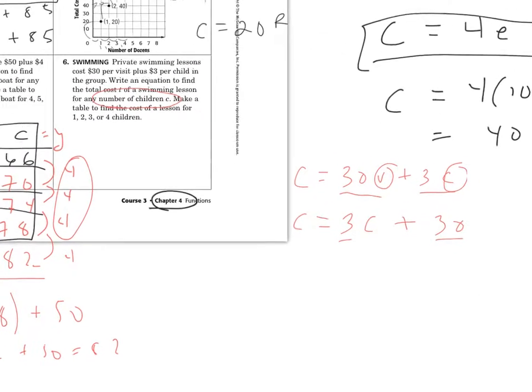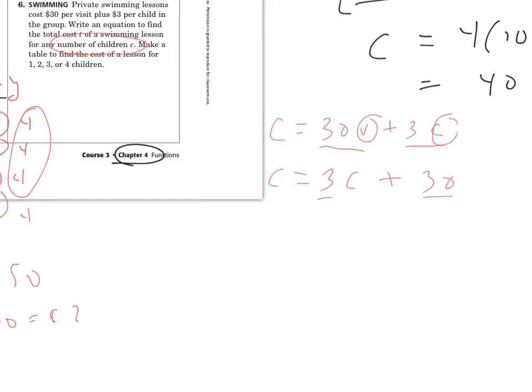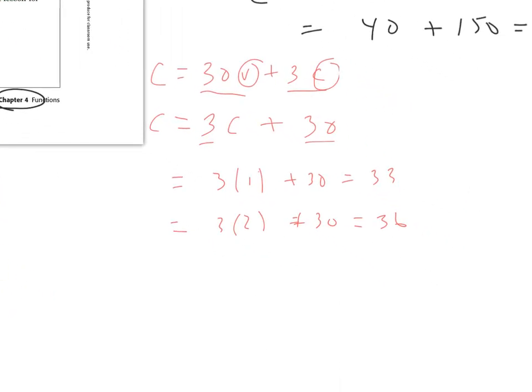Then it says how much does it cost for 1, 2, 3, or 4 children? Well, for one child, it's going to be 3 times 1 plus 30. It'll cost you $33. For 2 children, it'll be 3 times 2 is 6, plus 30 would be $36, and then 39, and then 42.